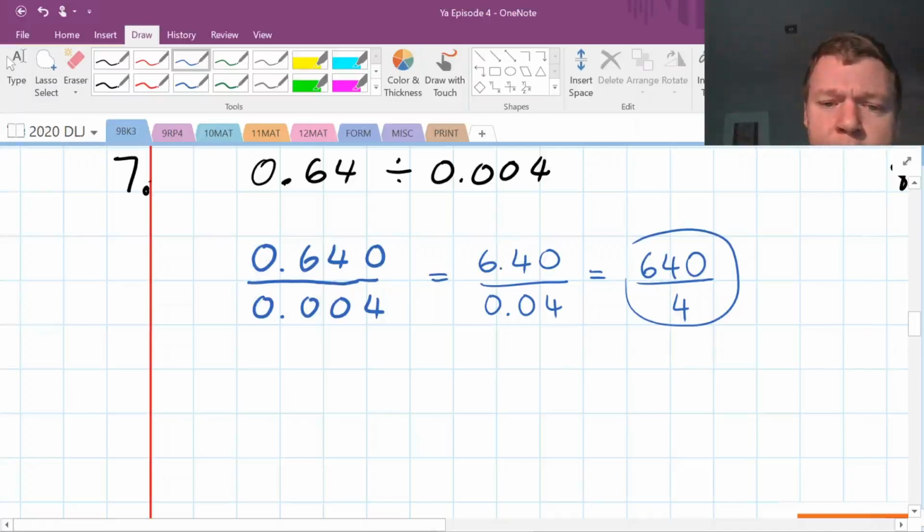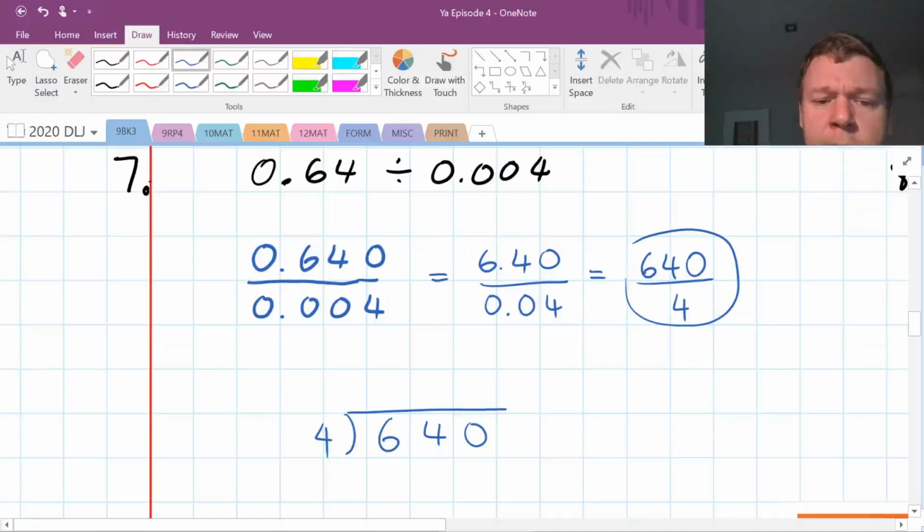So let's do that. 640 divided by 4. 4 goes into 6, 1 time, remainder 2. 4 goes into 24, 6 times, no remainder. 4 goes into 0, 0 times. So our final answer for this is 160.